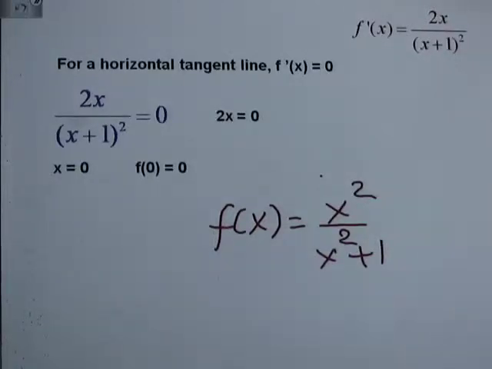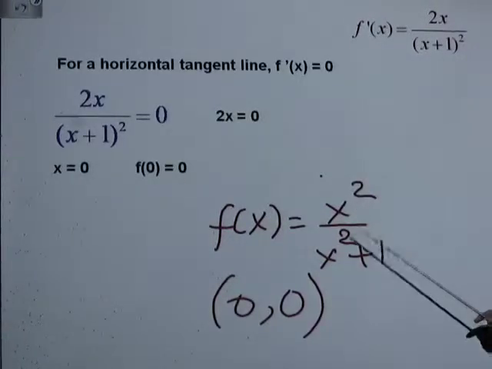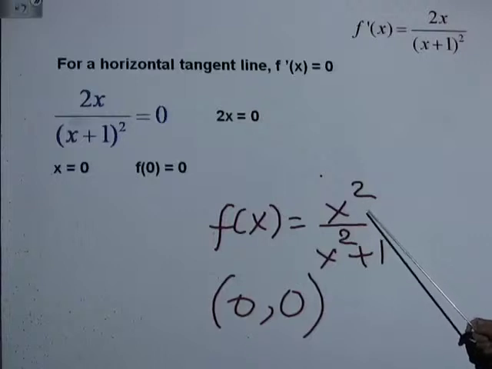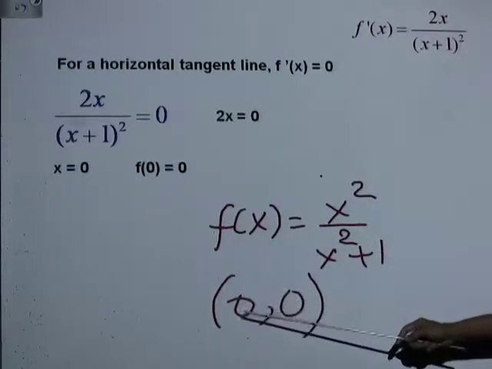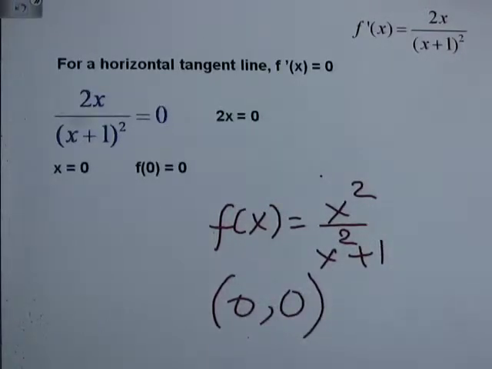So what is the point of horizontal tangency? The point of horizontal tangency will be (0, 0). That means this function's graph will have a horizontal tangent at the point (0, 0).